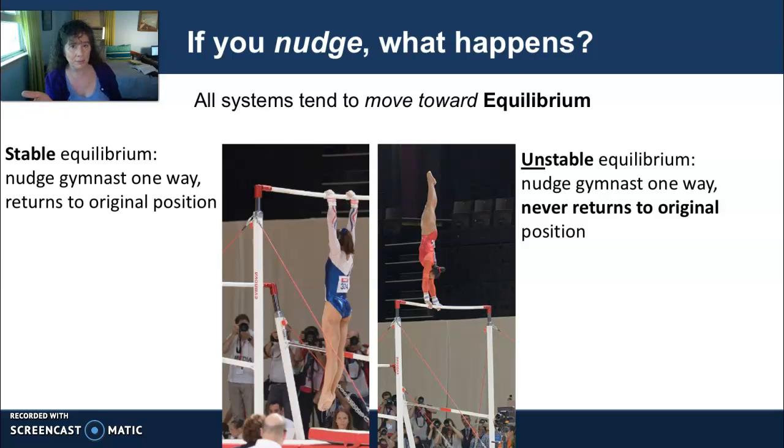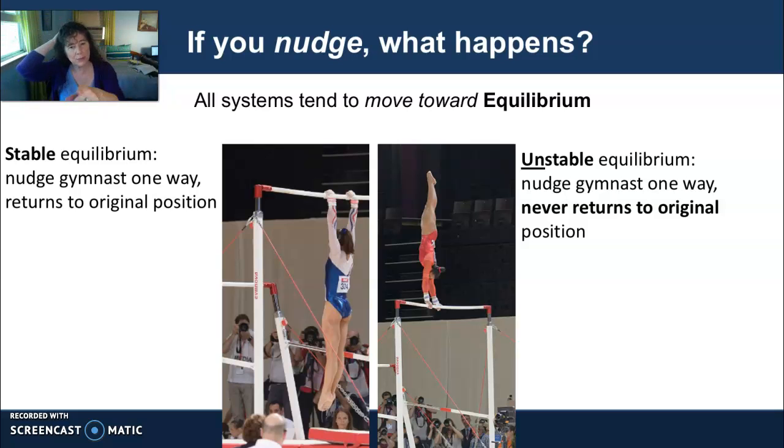Unstable equilibrium is like the gymnast who's doing a handstand on top of the uneven parallel bars. If you nudge that gymnast one way or the other, there's no way that she's returning to that original position without an awful lot of energy. So what we're looking at is an equilibrium position that is either stable or it's unstable and can keep going.